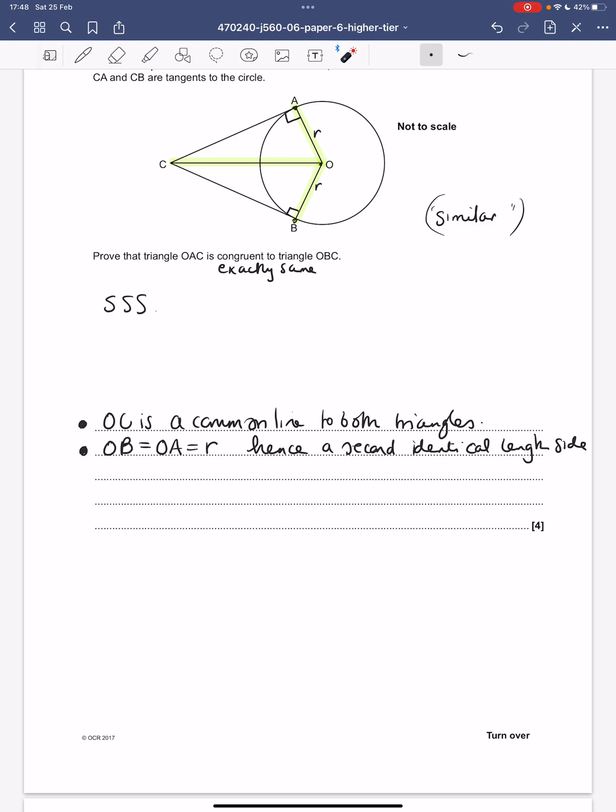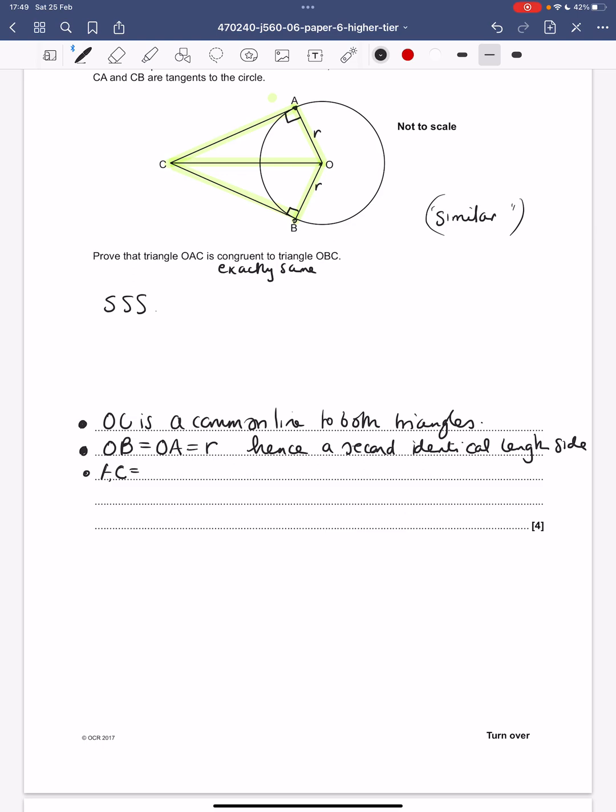Or we could do it the Pythagoras route, or you can say tangents from a point to the circumference of the circle are automatically the same as well. Okay, AC and CB.